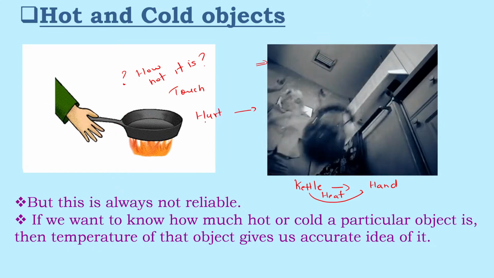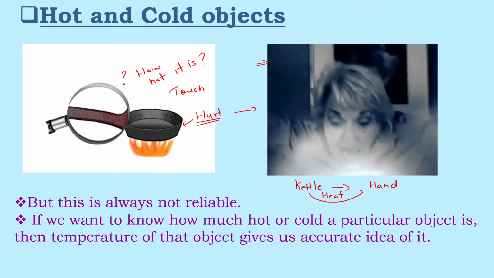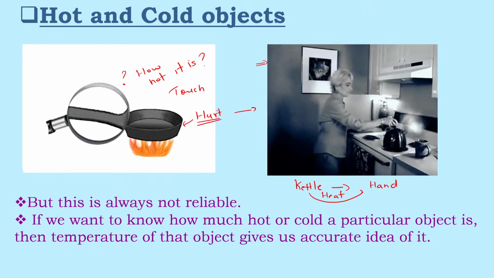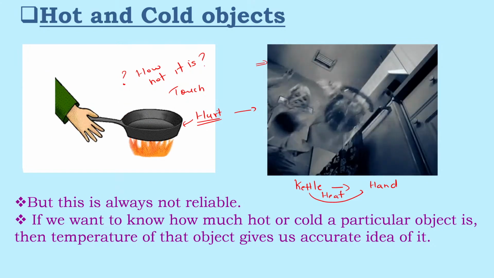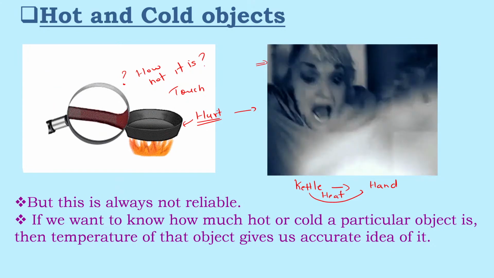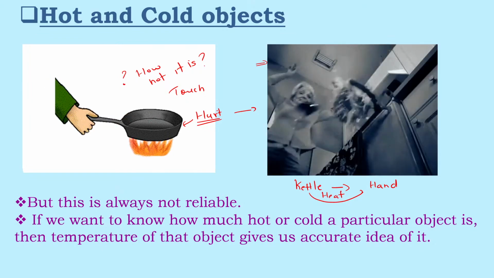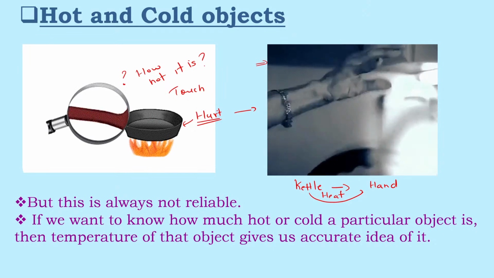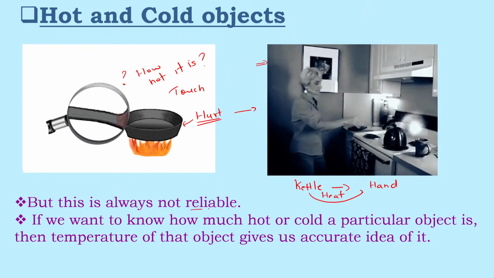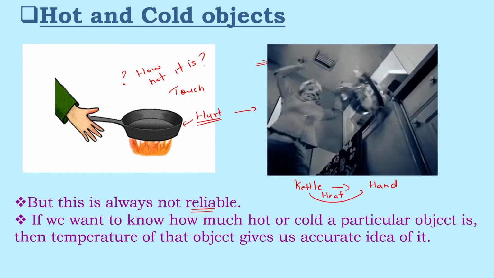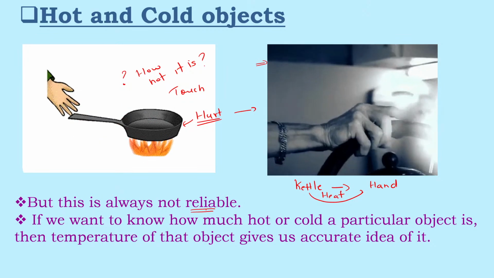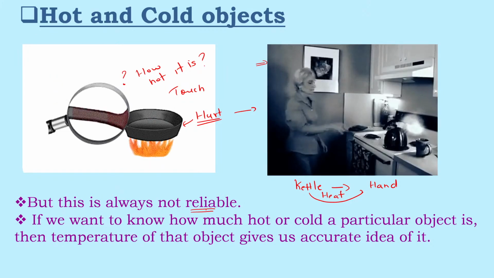So always touching an object with hands and finding out how hot or cold it is is not reliable, which means not trustworthy. It is not always good, because we are going to end up hurting ourselves.